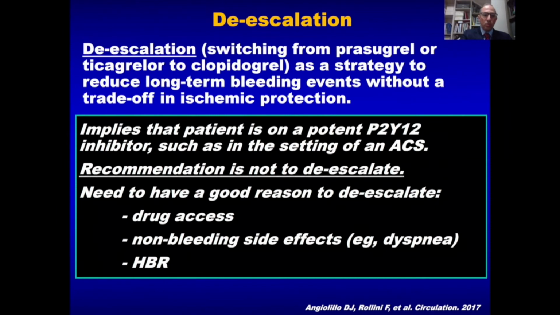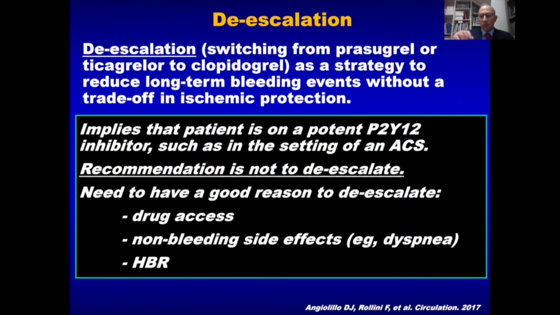So when we're speaking about de-escalation, this by definition implies that a patient is already on a potent P2Y12 inhibitor, such as in the setting of an acute coronary syndrome. And therefore, the recommendation in general is not to de-escalate unless you have a good reason.